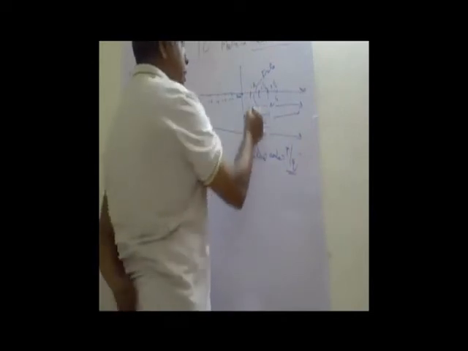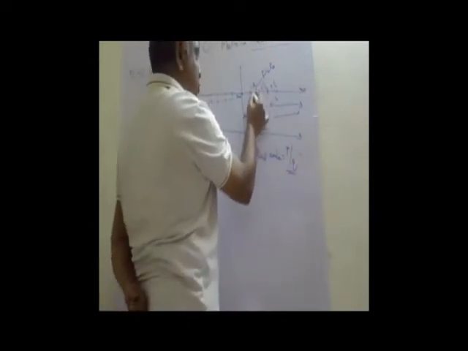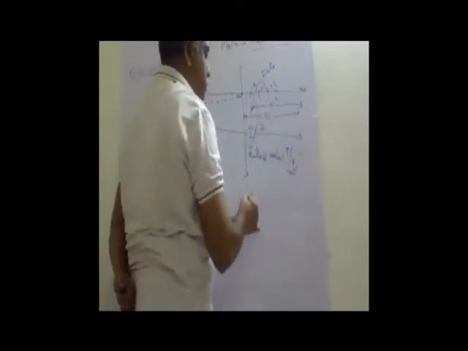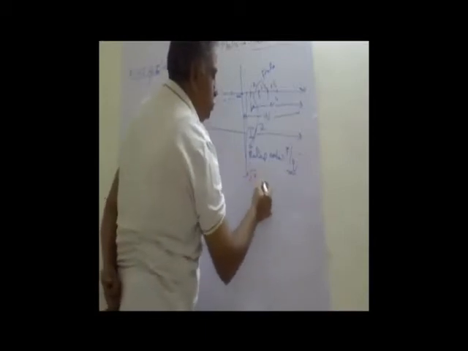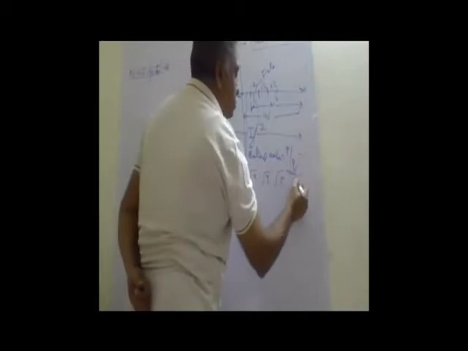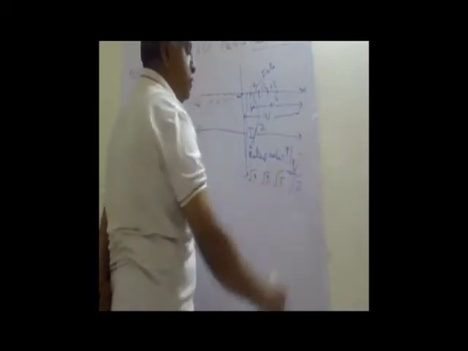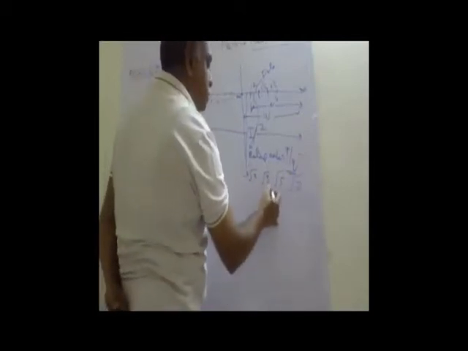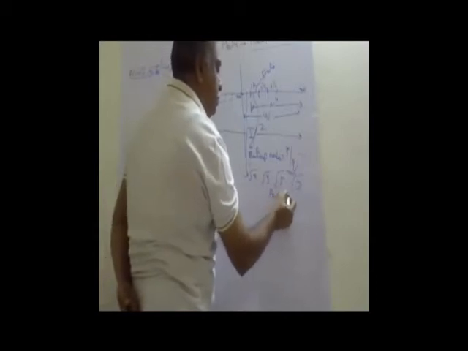Now, there is another set of numbers in the same zone: root 2, root 3, root 5, root 7, roots of prime numbers, which are not perfect squares.